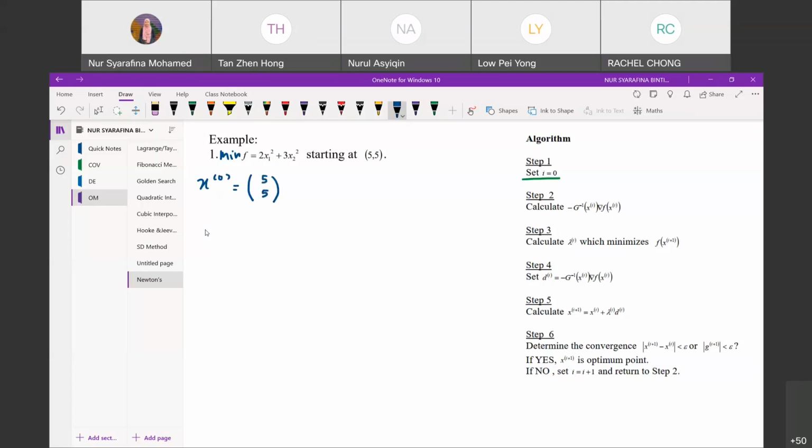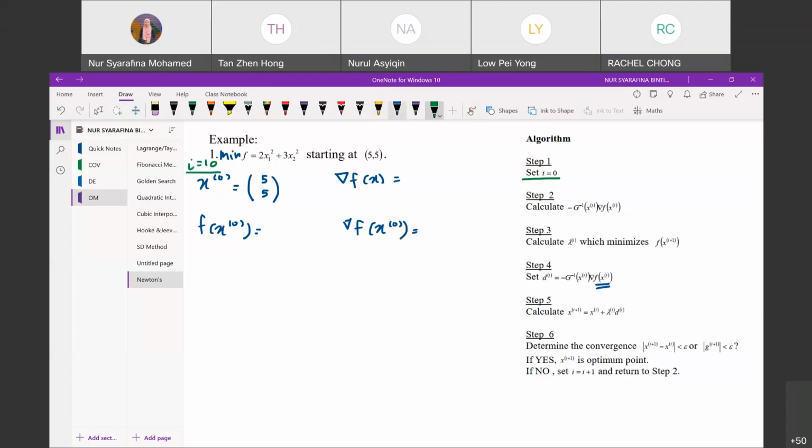Next, from here we need to calculate f of x naught and the derivative of f, because it involves the derivative here, and the derivative of f at x naught. So at i equals 0, at our initial step, we need to identify all of this.